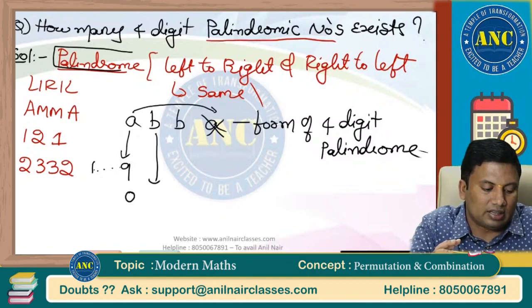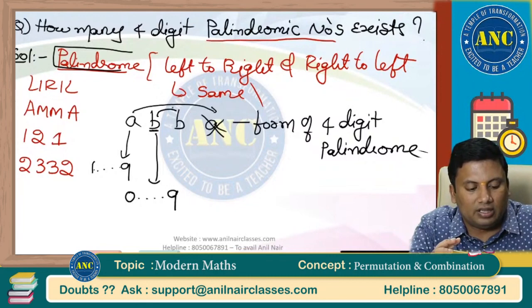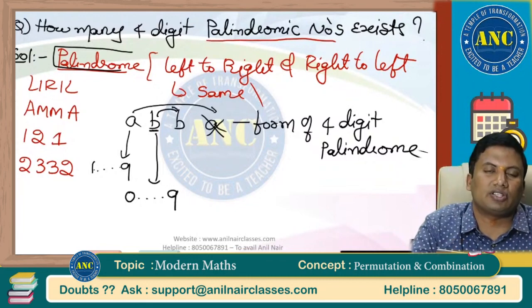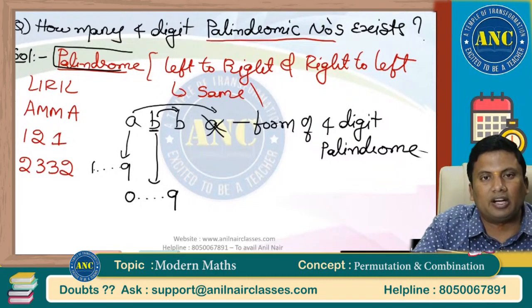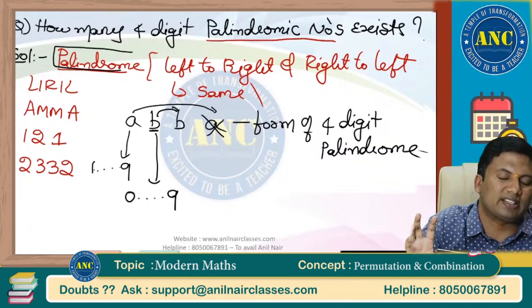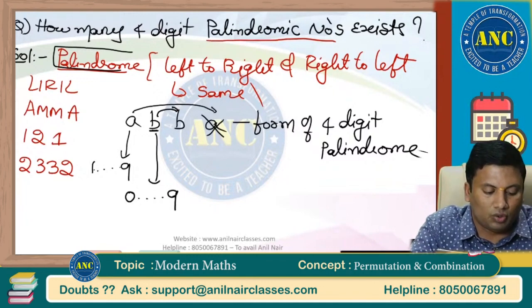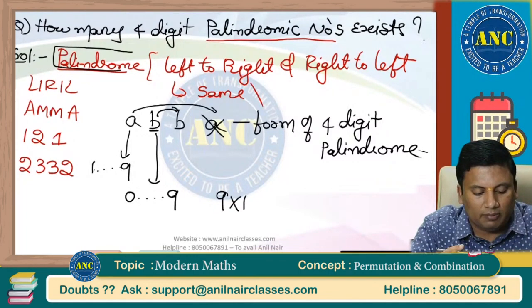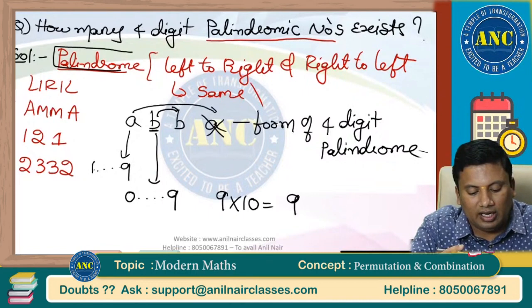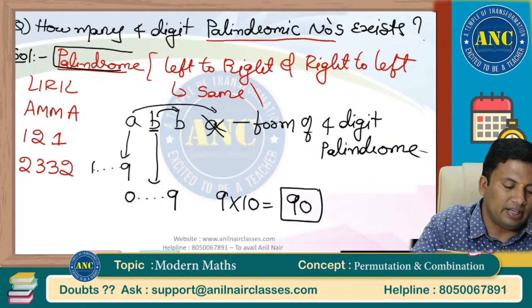Here it is nothing but 0 to 9. Automatically when I fix this B, this also is B, so it is fixed. So in a 4-digit palindrome, determining how many values the leftmost 2 take is equivalent to determining how many values the rightmost 2 will take. So this is nothing but 9 into 10, answer 90.